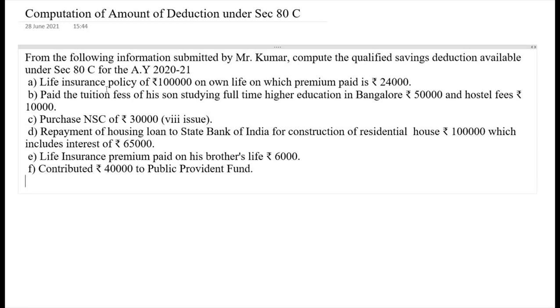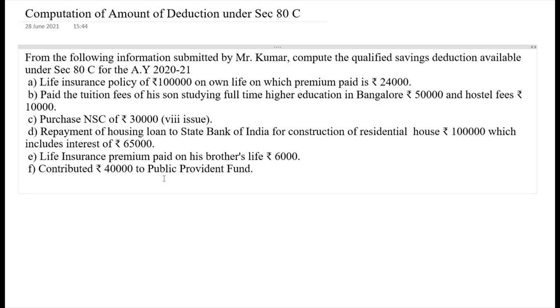Let us discuss the problem here. So life insurance policy is rupees 1 lakh, which is taken on his own life, but the premium paid is 24,000. So here we should compare the actual premium paid with the 10% of the sum assured, whichever is lesser, that qualifies for deduction under section 80C. Paid tuition fees of his son studying full-time higher education will qualify, but however hostel fees does not qualify here.